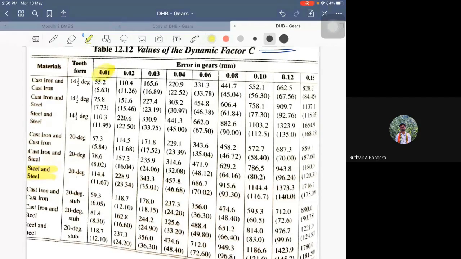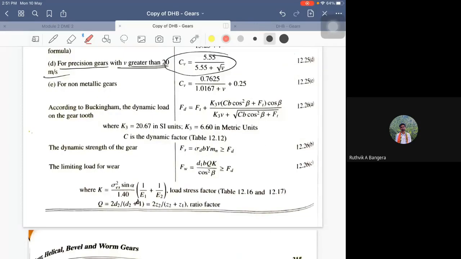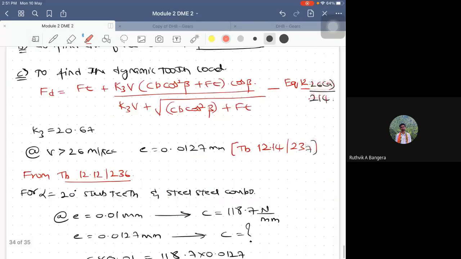Okay. For steel and steel combo, just take the value of steel and steel on 20-degree stub. So for 20-degree stub is this, and the value is this particular thing here. So just take that value. You can go with this particular method here.